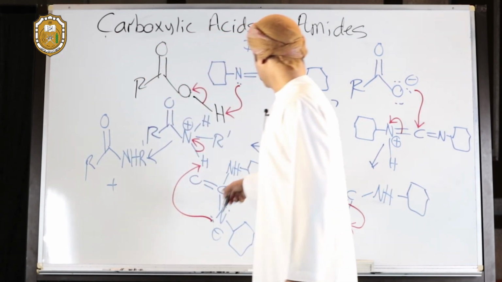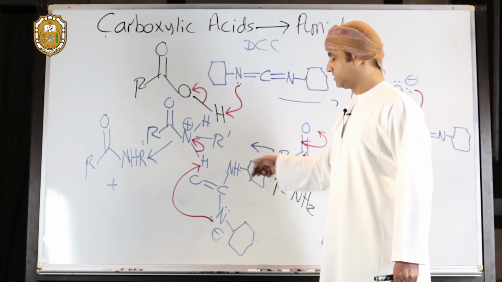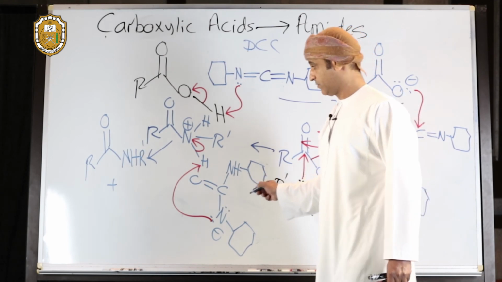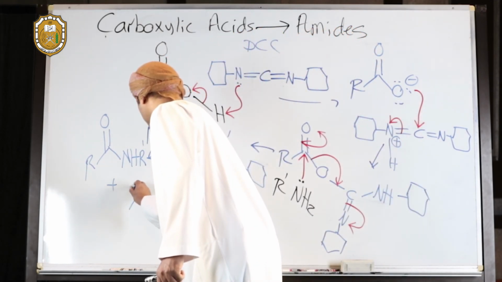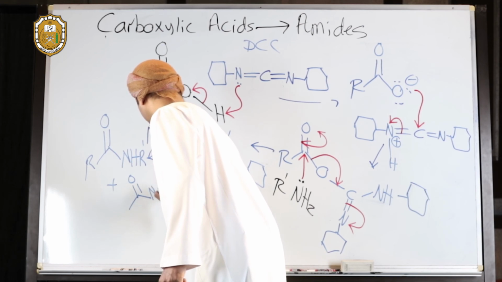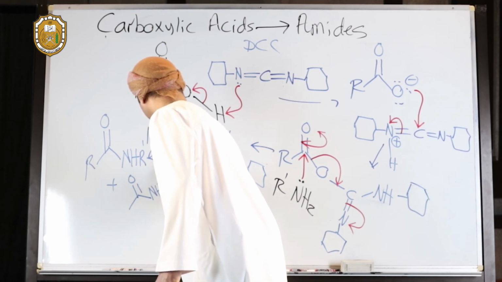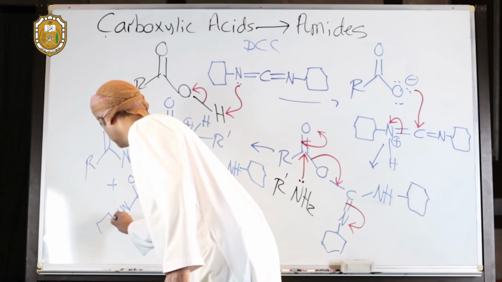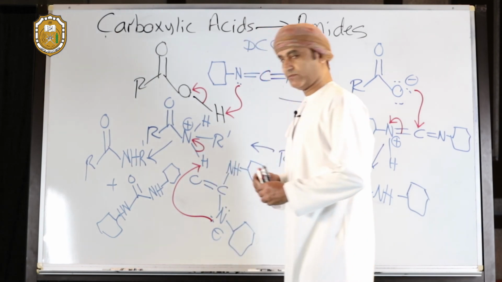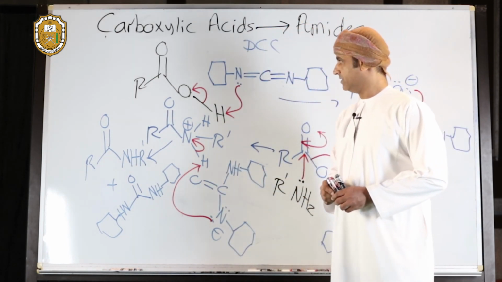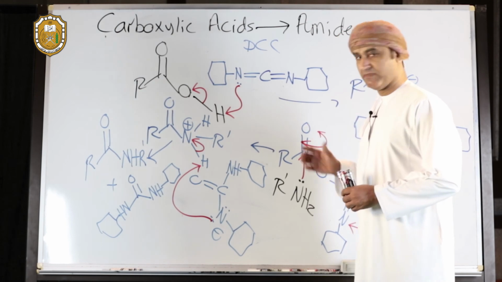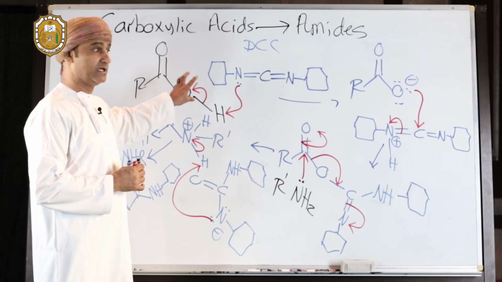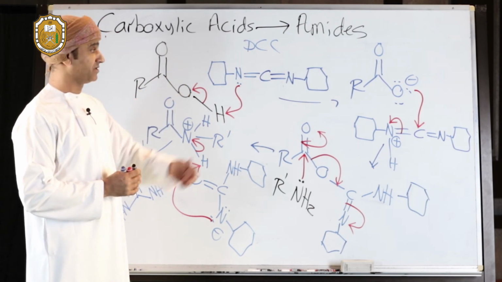Plus, if you look at the byproduct now, it's dicyclohexyl urea. Actually, this unit is urea. So the byproduct is dicyclohexyl urea, which is obtained as a byproduct in this reaction. So this is a possible mechanism, therefore, for the reaction of carboxylic acids with DCC in the presence of an amine to give the corresponding amide.